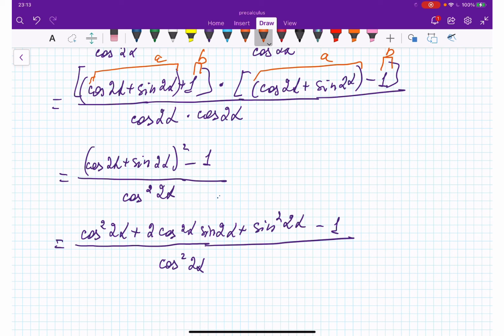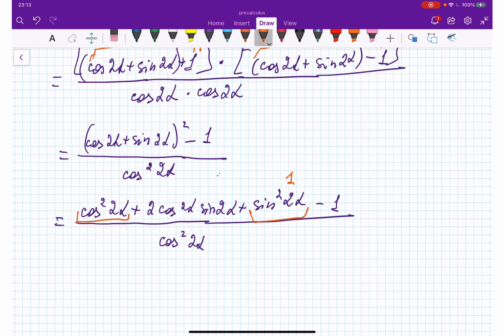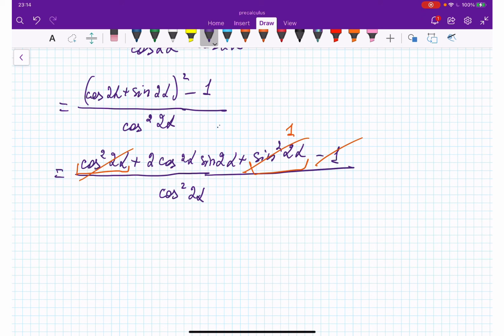Now, cosine squared alpha plus sine squared alpha is going to be equal to 1, right? And then what's going to happen? This cosine squared plus sine squared, positive 1, is going to be cancelled with negative 1. Yes?